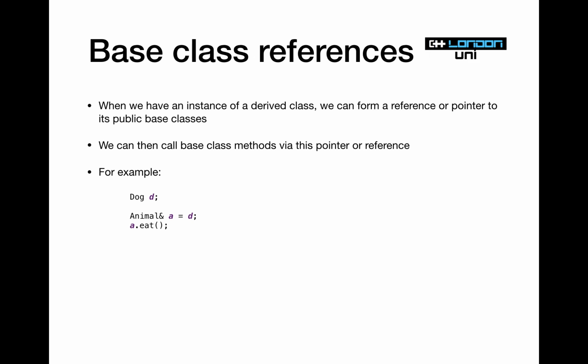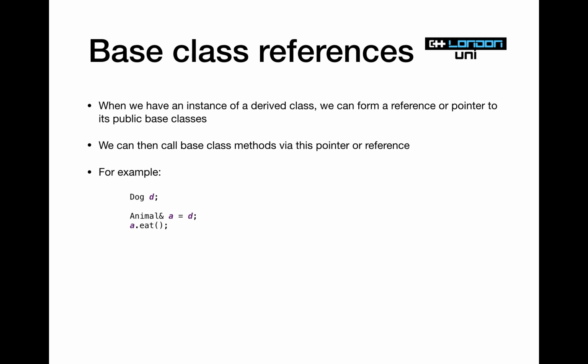So returning to why this is useful, we can write a function that takes as an argument a reference to an animal. Okay, and then we can call that function with a dog or a penguin or a zebra or any kind of animal we like. And when we're writing the code in this function, we don't have to care what kind of animal we've been given.